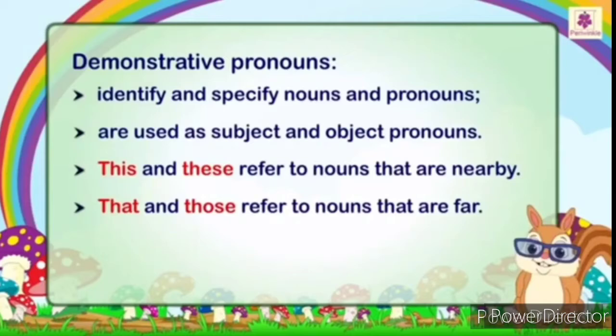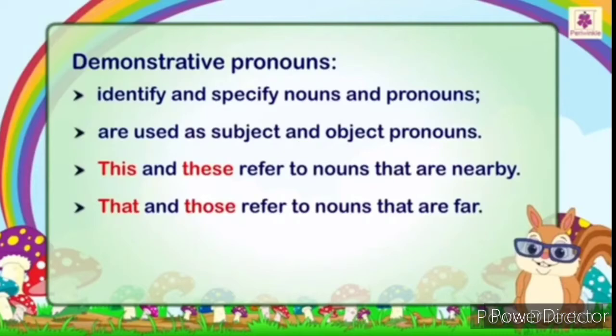This and these refer to nouns that are nearby. That and those refer to nouns that are far away from the person. So, I'll repeat, children. Demonstrative pronouns identify and specify nouns and pronouns, and they are used as subject and object pronouns.